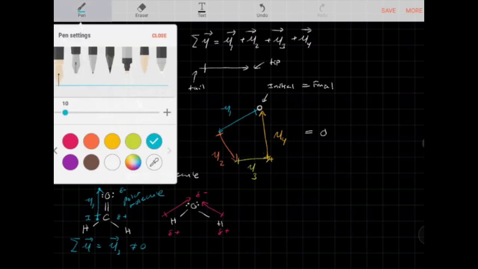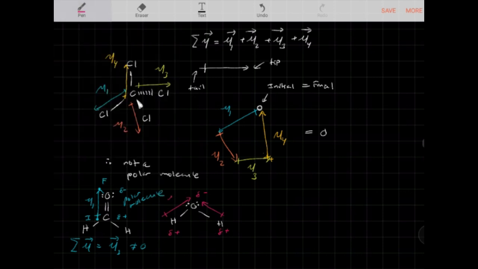Let's take a look at water. I'm going to call these mu1 and mu2. If I want to find the net dipole moment, which you can call it if you want, it's basically mu1 plus mu2.